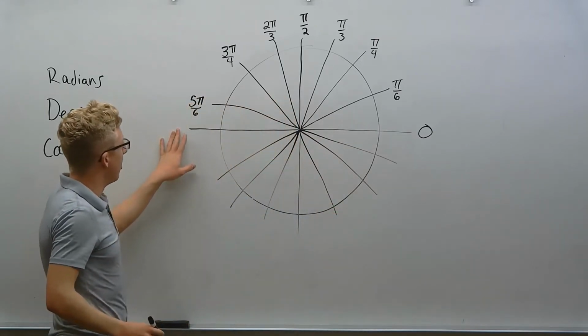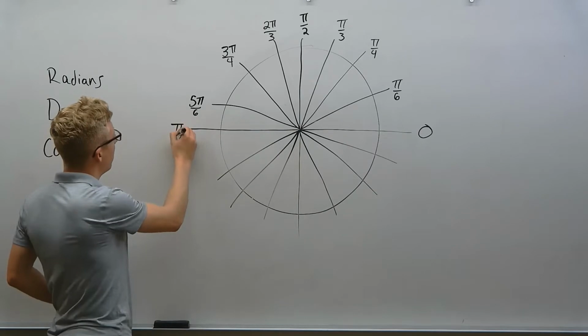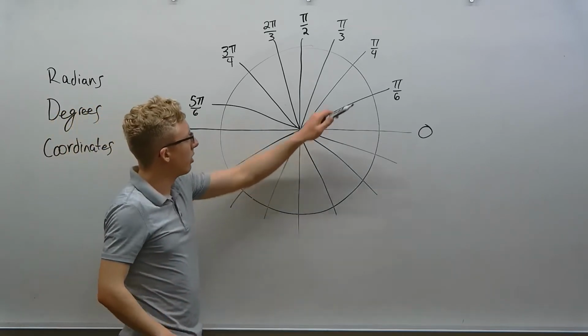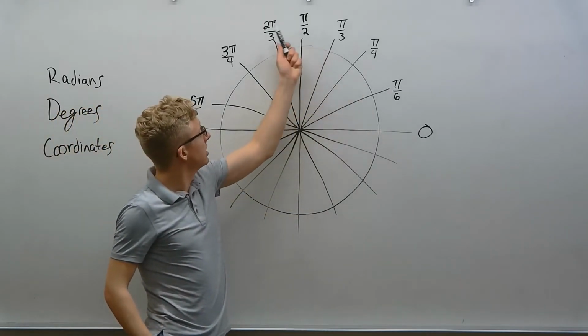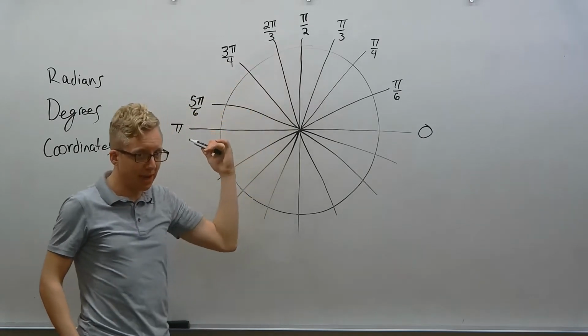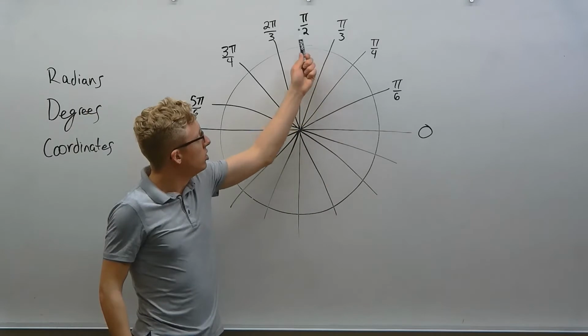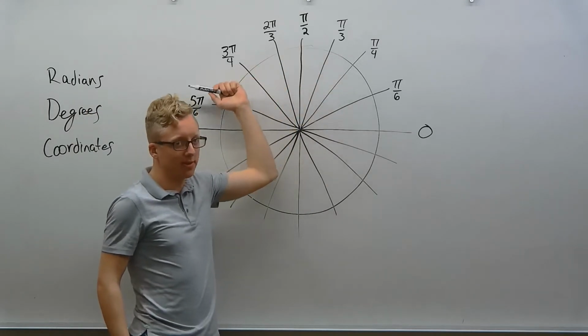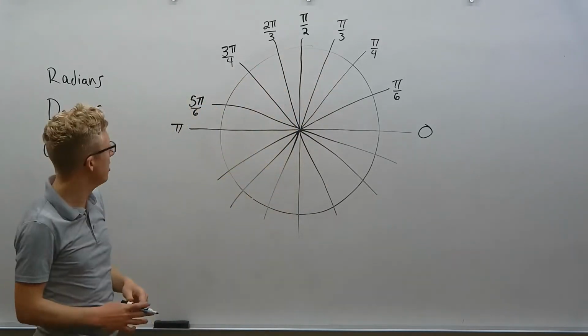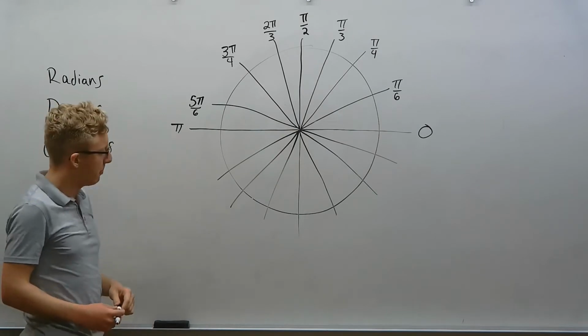Okay, now this is going to be pi, and you can see this either by going 1 pi sixths, 2 pi sixths, 3 pi sixths, 4 pi sixths, 5 pi sixths, 6 pi sixths, it's kind of hard to say, or 1 pi fourth, 2 pi fourths, 3 pi fourths, 4 pi fourths. It's going to get you the same result. It's going to get you pi.